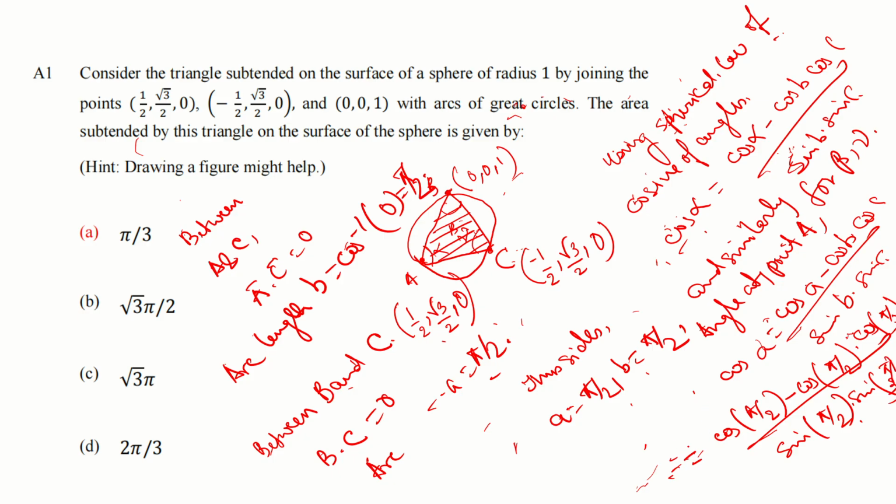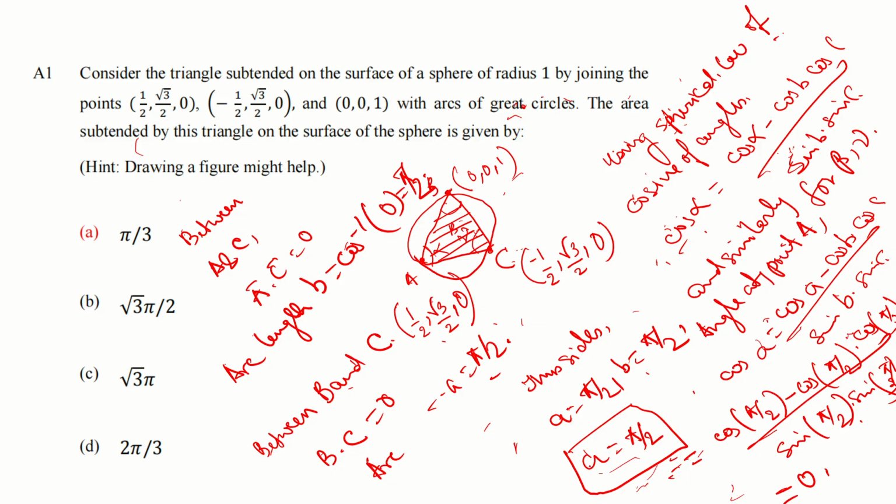So it will be 0. Right, so alpha, or A, we will get equal to pi by 2, right?